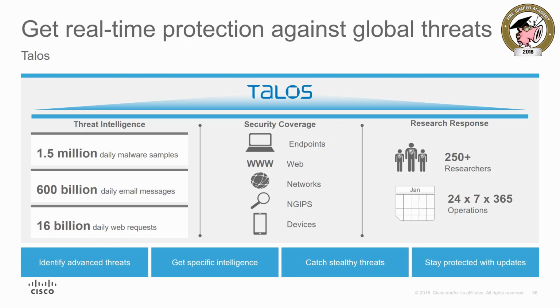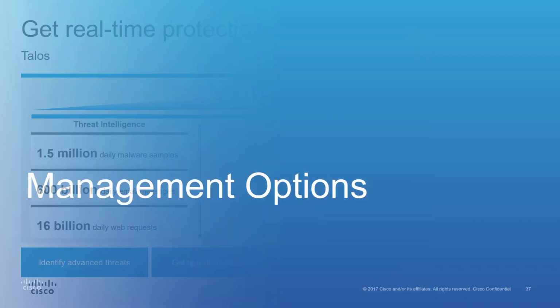In addition to getting comprehensive protection from the security intelligence services, you can also take advantage of the management options. This will provide visibility and control where you need it. So Cisco offers multiple security management platforms that you can choose from depending on your needs.